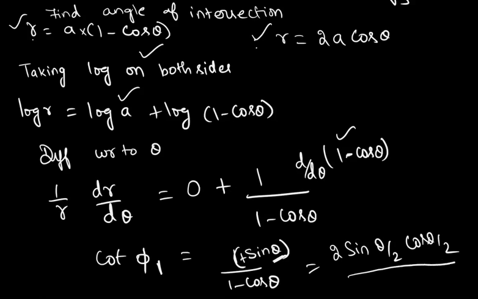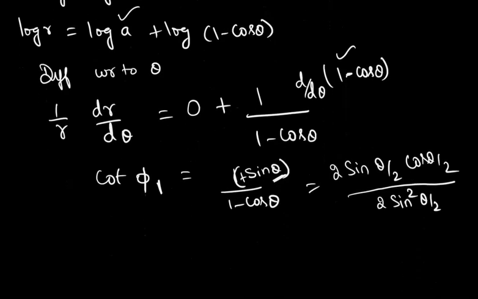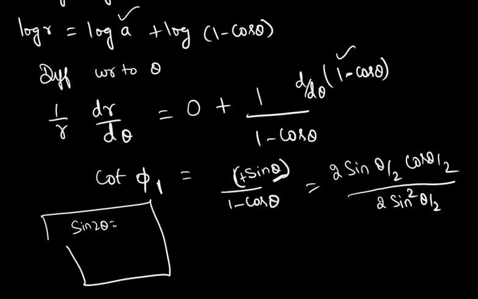Similarly, we have 1 minus cos theta. It is nothing but 2 sin square theta by 2. This is by using the formula. Let me write the formula. You might have studied this. Sin 2 theta is equal to 2 sin theta cos theta.